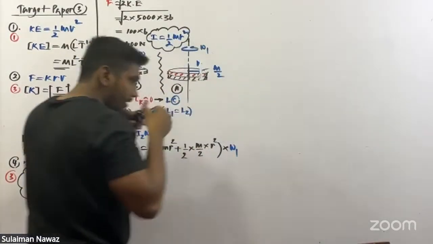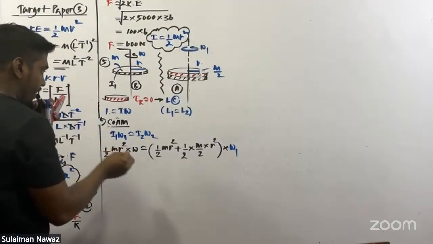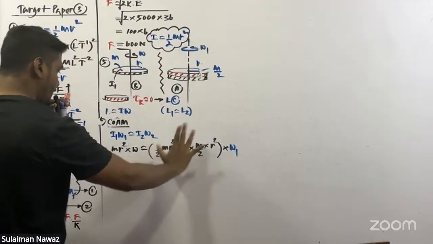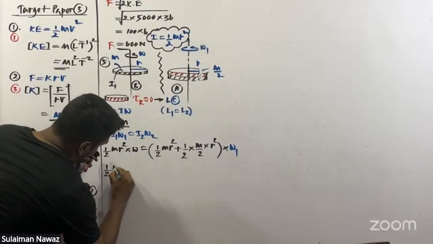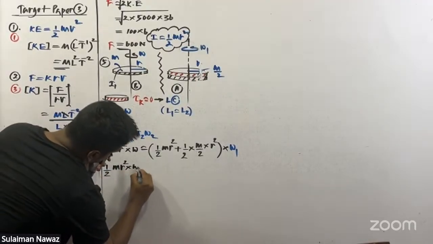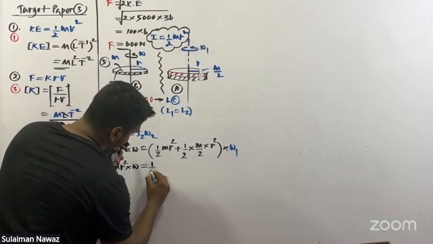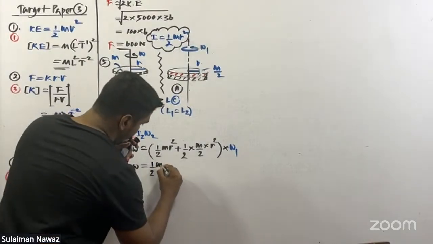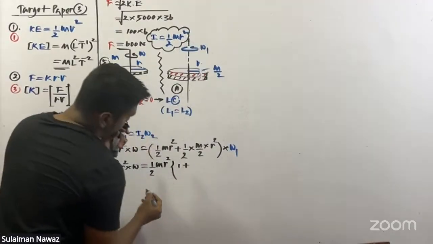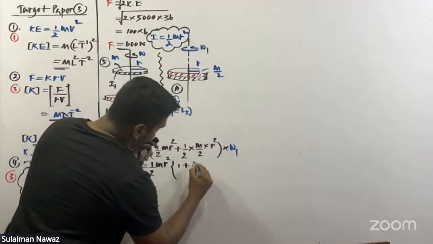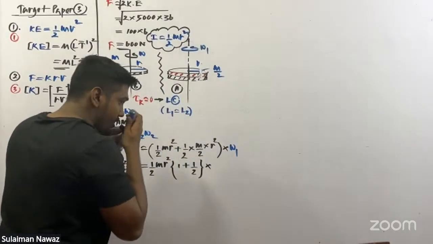Simplification. Here we can cancel out, I can take half m r squared out from this bracket. Then here half m r squared into omega must be equal to, if I take half m r squared out, 1 plus half, into omega 1.